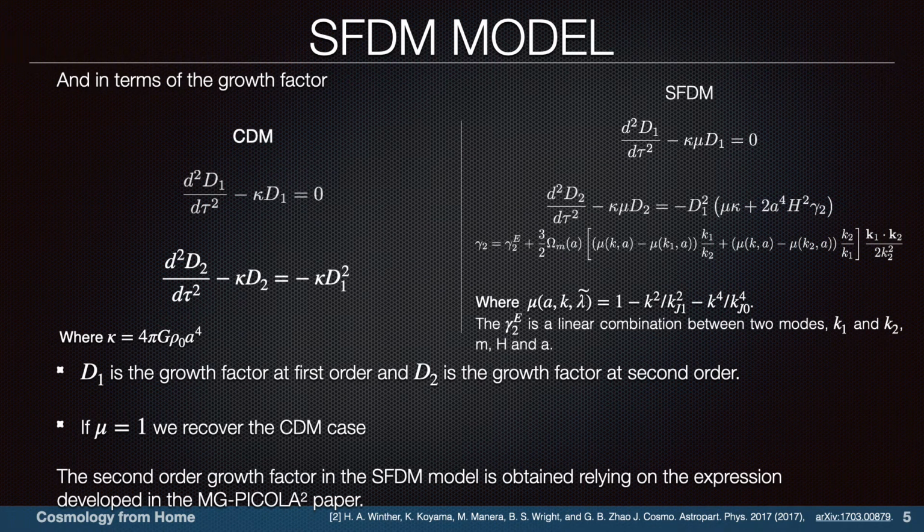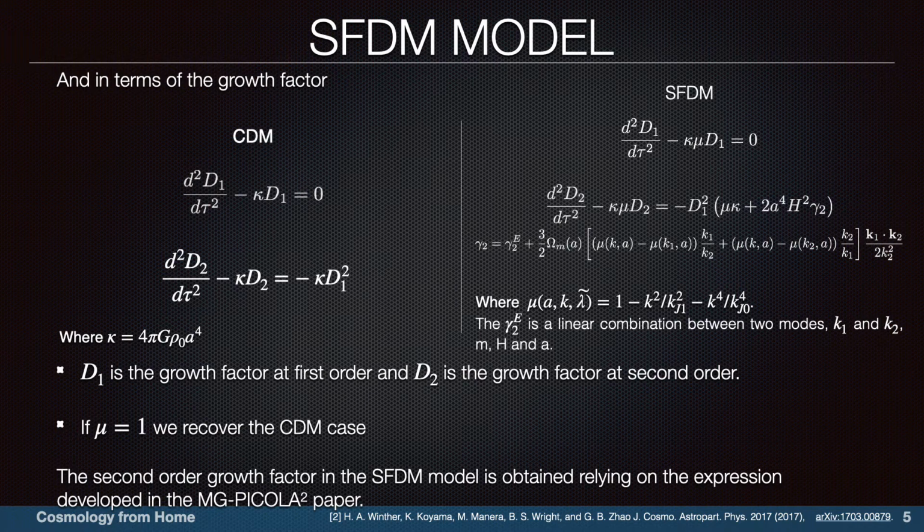So, using perturbation theory, we found the equations of the scalar field in terms of the growth factor. This equation is scale dependent, but we can recover the case of cold dark matter using μ equal to 1. And to make the approximation to the nonlinear regime, we rely on the expressions that are found in the MG-PICOLA code paper.